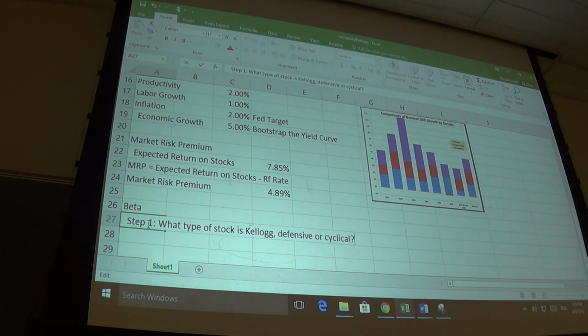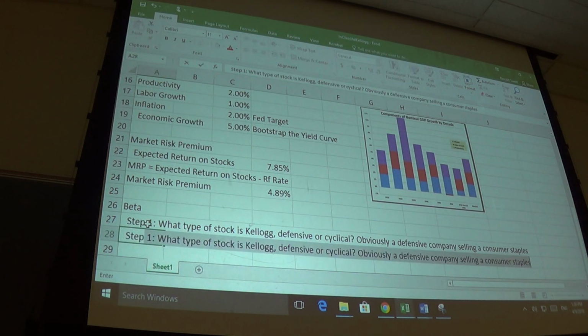Anybody cutting back on Kellogg's because you're worried about your job, worried about the economy? So I'll wait until the next election and then I'll load up Kellogg's depending on when that comes out. That's probably not a discussion you're having anywhere. So this is obviously a defensive company selling a consumer staple. Very, very obvious.